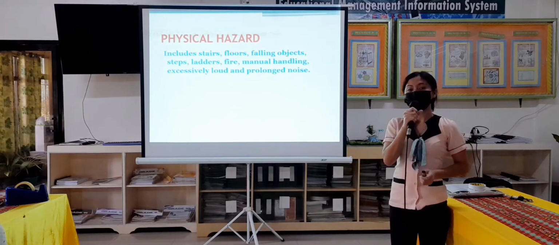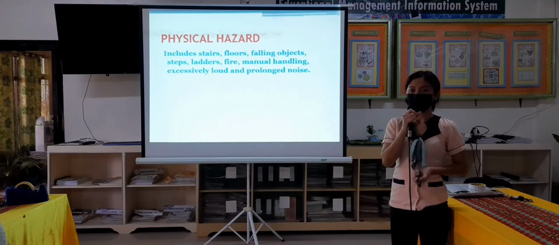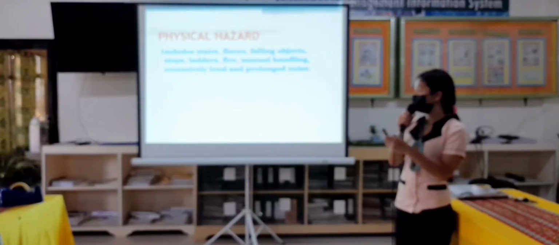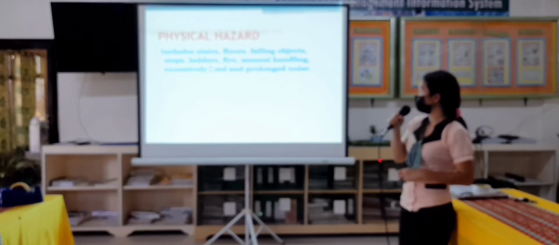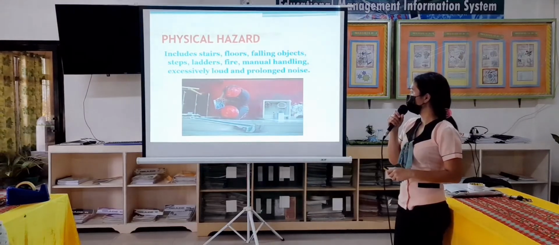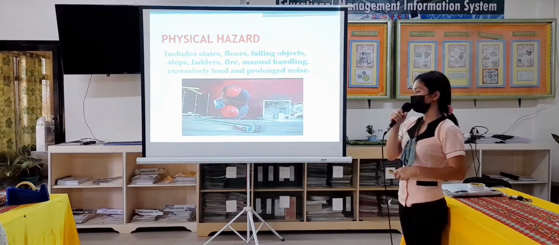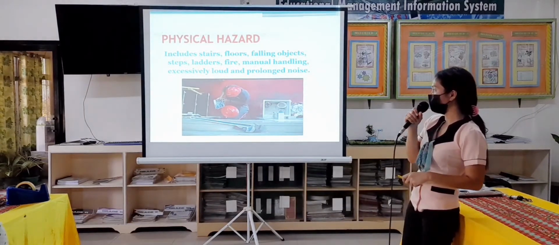Physical hazards are environmental factors, sources of hazards, including stairs, floors, falling objects, steps, ladders, fire, manual handling, excessively loud, and prolonged noise. So, for example, what physical hazard is shown in the picture? Falling object. Yes, it has a falling object.